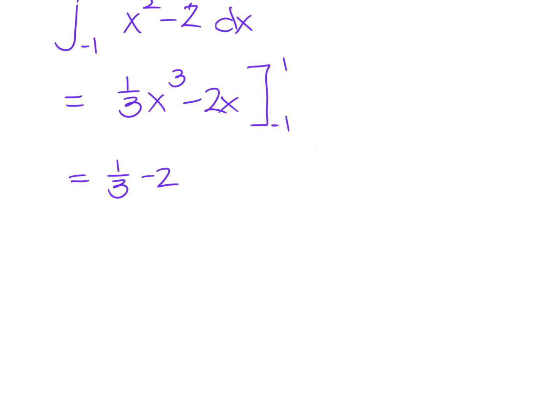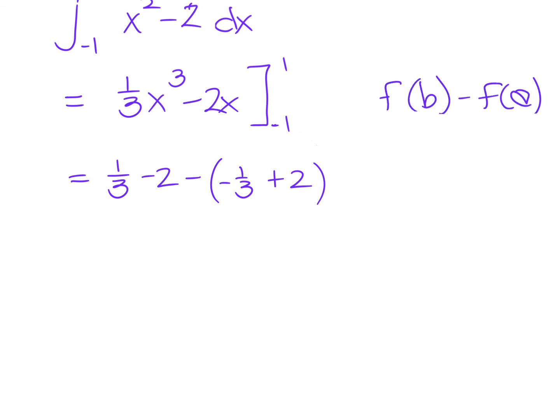Now, careful on this one because we're subtracting. Let's see what we subtract here. When I plug in -1, I'm going to get -1/3 plus 2. But you're subtracting, so we just need to be a little bit careful with that, because that's the formula: f of b minus f of a.